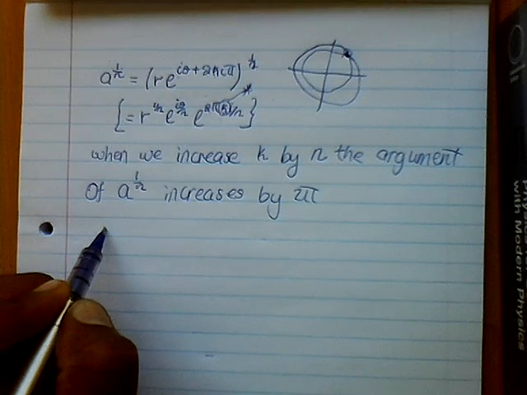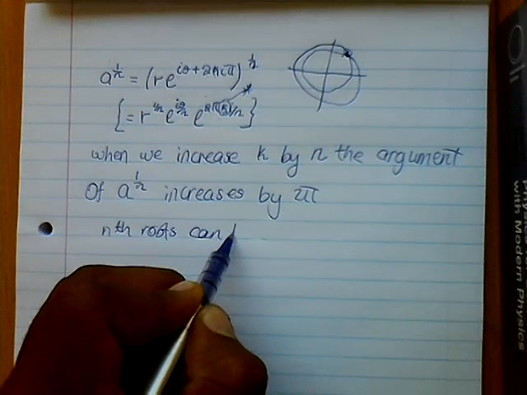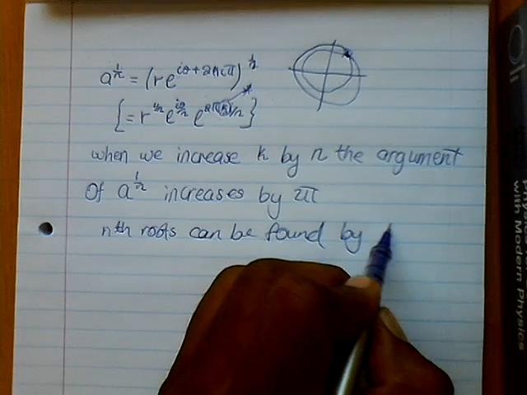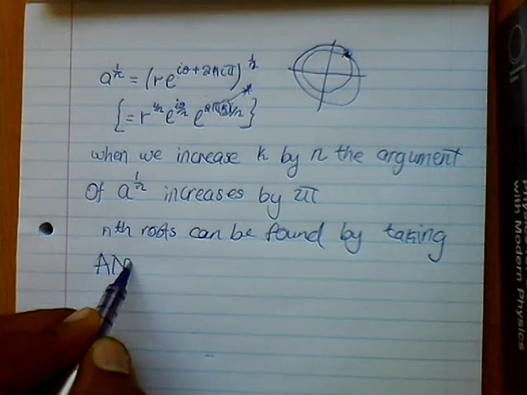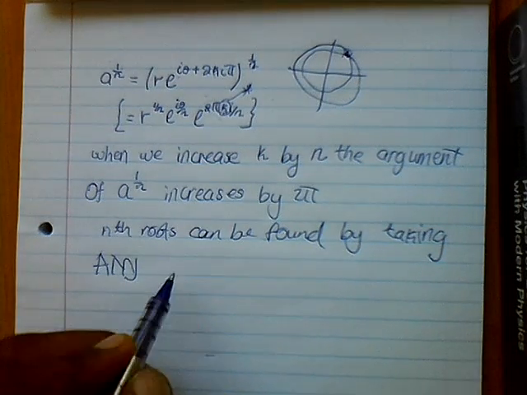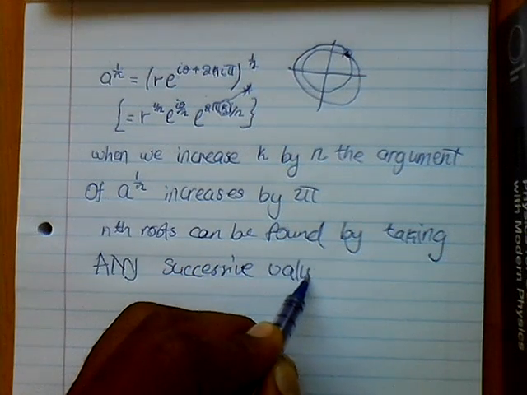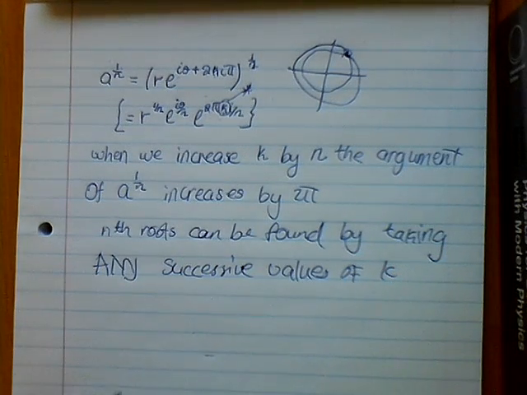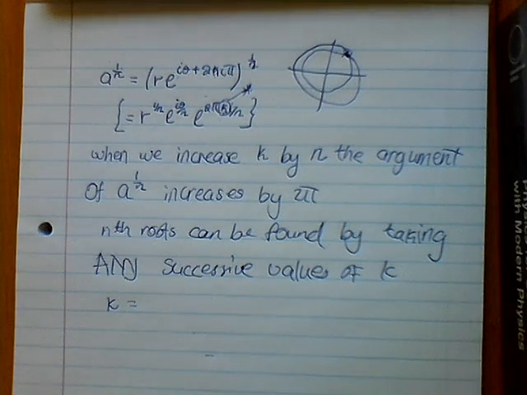Now the nth root can be found by taking any, check this out, any, but there's a condition, any successive values of k, meaning that we can take k to be any values which are successive.